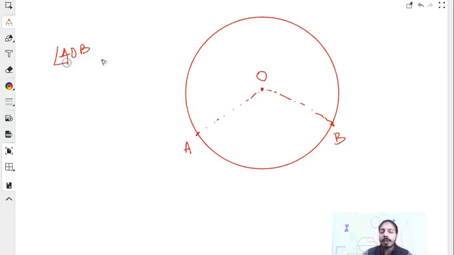Now, which angle am I talking about? I have one angle here that is AOB, and this is also AOB. This is the reflex one, as we can see here right now.